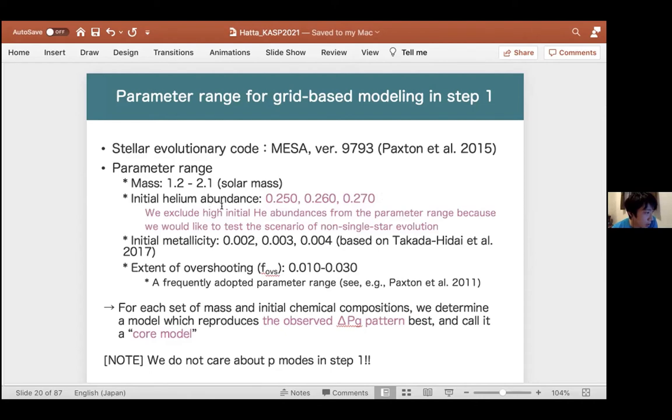We exclude high initial helium abundances from the parameter range because we would like to test the scenario of non-single star evolution. For each set of mass and initial chemical compositions, we determine a model which reproduces the observed delta PG pattern best and call it a core model. Okay, those are the procedures in step one.